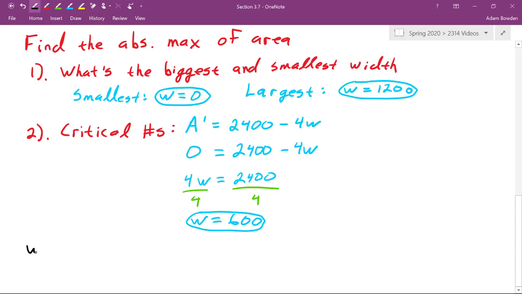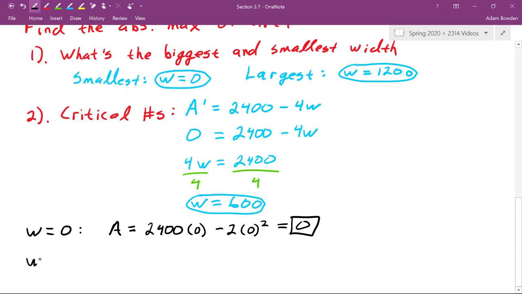If we use W equal to 0, our formula up above for area, 2,400 times W minus 2W squared, is just going to be 0. No area whatsoever. For W equals 600, the area would be 2,400 times 600 minus 2 times 600 squared.